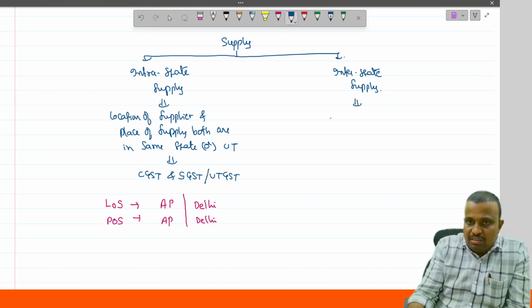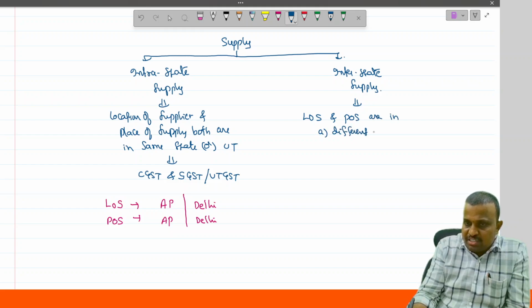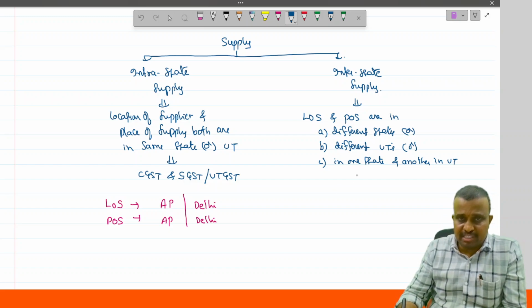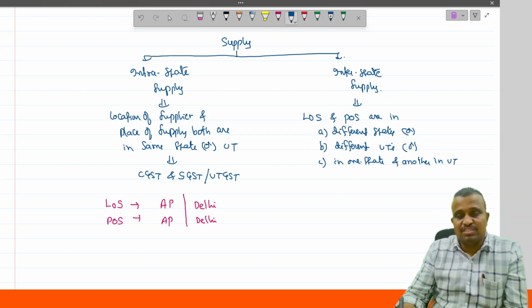But coming to here, if the location of the supplier and the place of supply are in different states, or in different union territories, or one in a state and another in a union territory, those are said to be interstate supply.